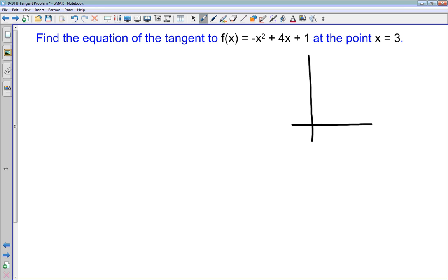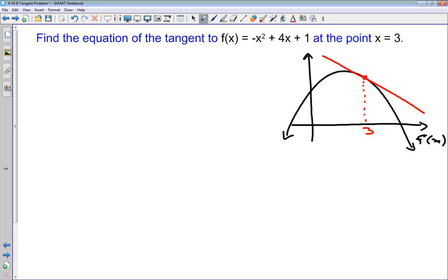We've got some function, f at x, which is a parabola that opens down. We'll call this f at x. We've got a point that we're interested in, x equals 3. And at this point, we want to find the equation of the tangent to that curve.